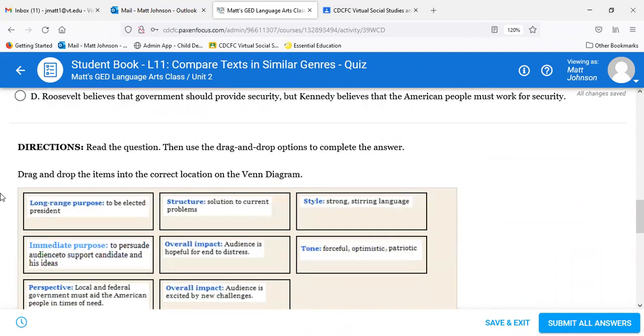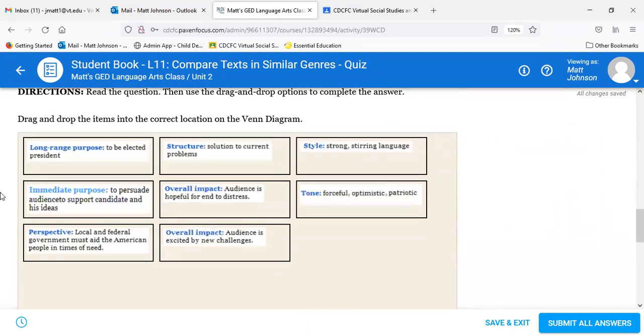If we're doing the long range purpose, so to be elected president, Roosevelt, Kennedy, or both? Because it's their nomination address, think about where the source is coming from.